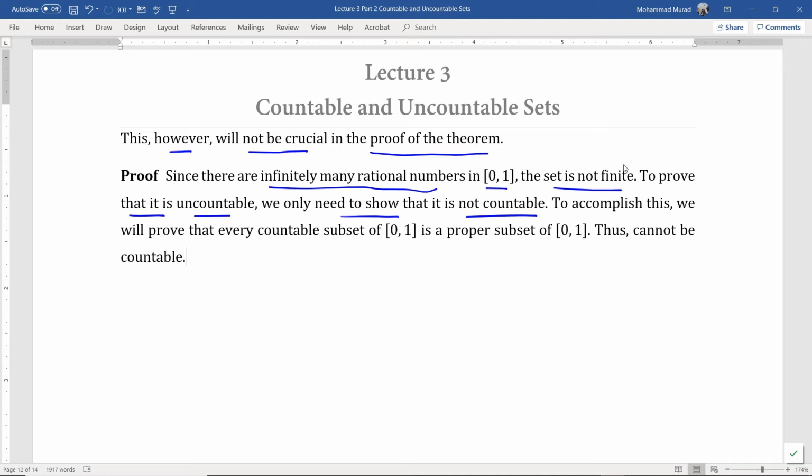So the set S is not finite. It is just left to show that it is not countable also. To accomplish this, we will prove that every countable subset of this set is a proper subset of that. Thus, the closed interval cannot be countable.